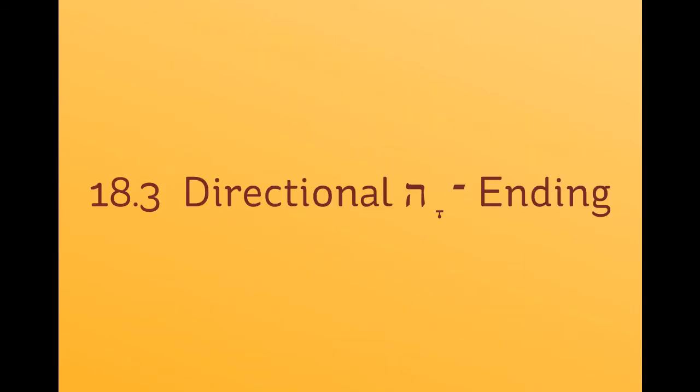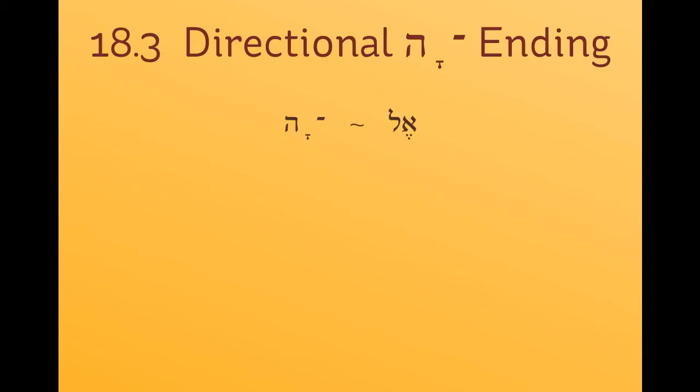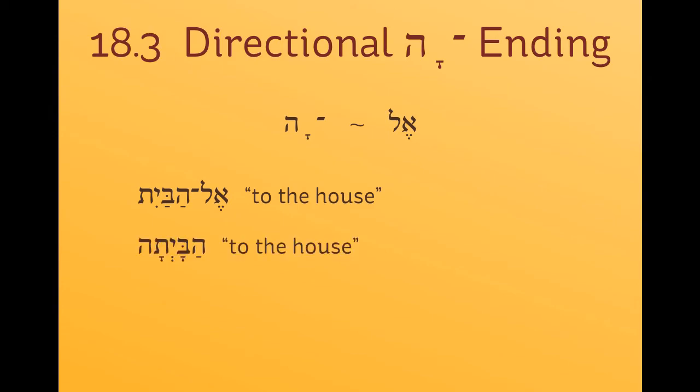And finally, the directional kametz he ending. On this page, I want to show you that kametz he, as added onto a noun, is equivalent to and interchangeable with preposition el. They both indicate direction toward something. So, to say to the house, what we're used to seeing is el habayit with preposition el, but instead of using the preposition, you could just add kametz he onto the noun itself.